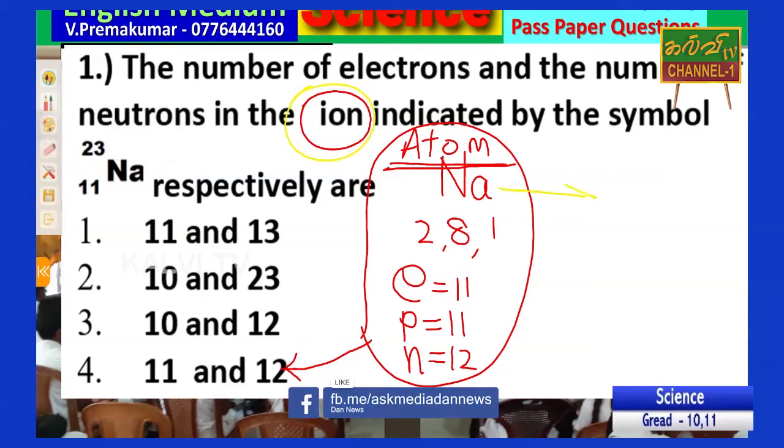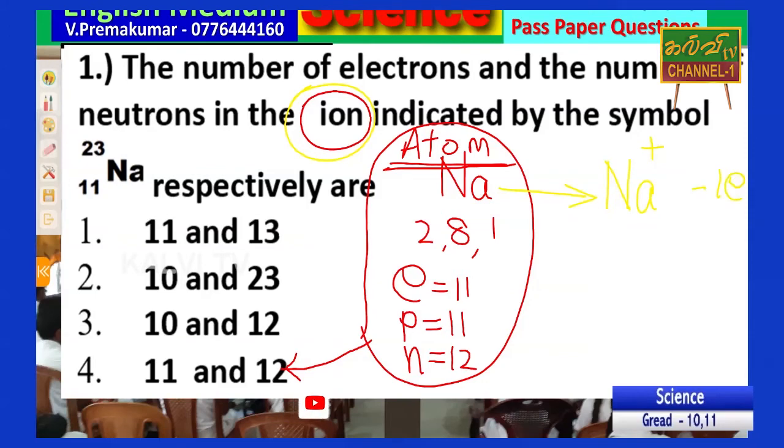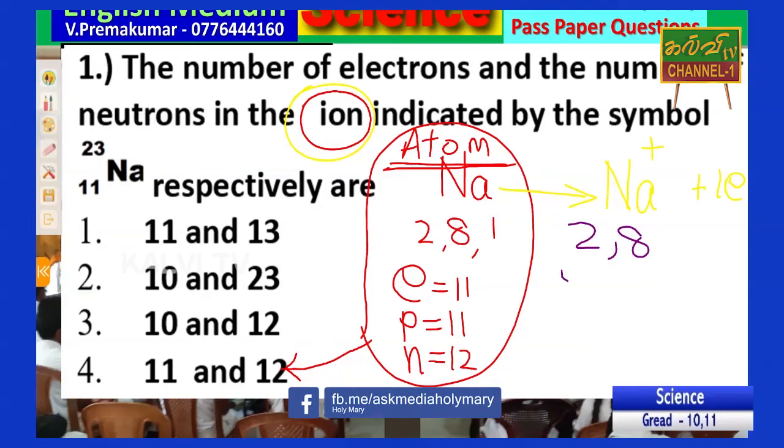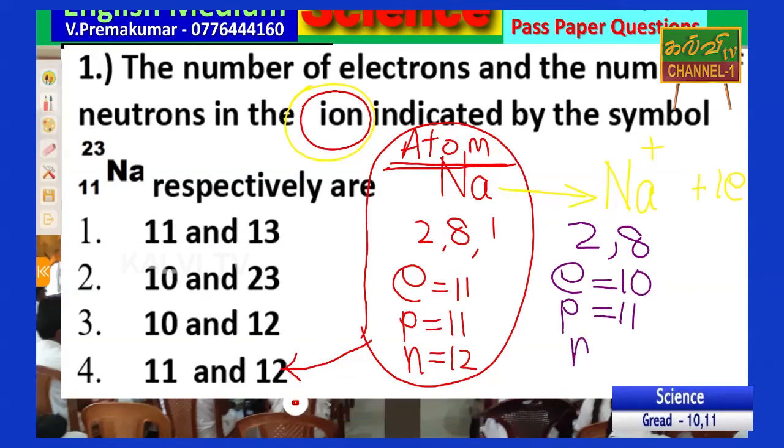Therefore you should know sodium Na plus has lost 1 electron. So in this condition 2, 8. Therefore electrons are 10, protons 11, neutrons 12.